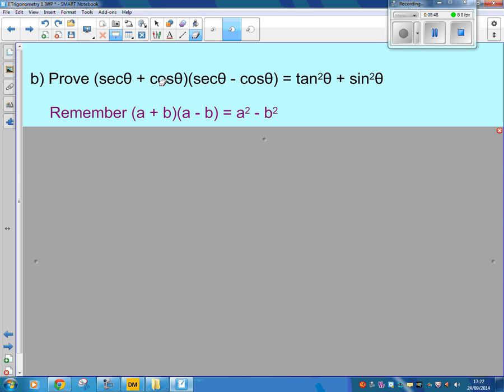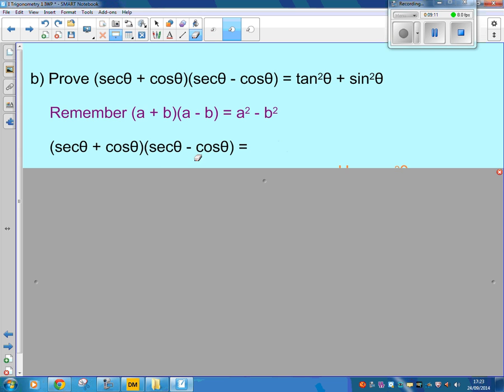Here you've got an a plus a b, and there an a minus a b. So you're going to end up with sec squared minus cos squared, because the other bits will cancel out. The other bits come to minus sec cos plus cos sec, same thing. Okay, so they'll cancel out.